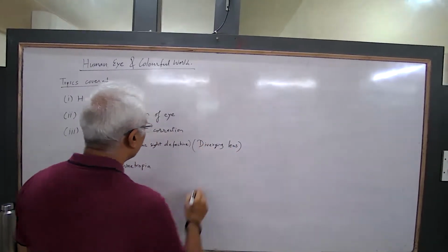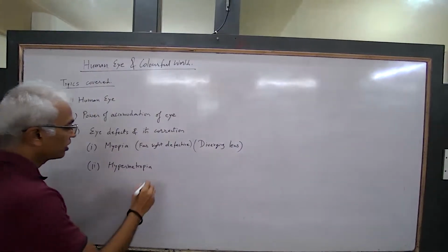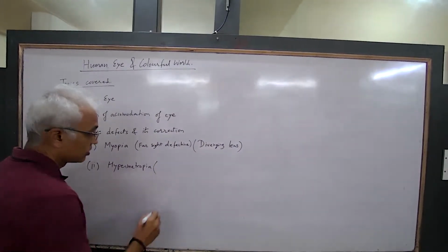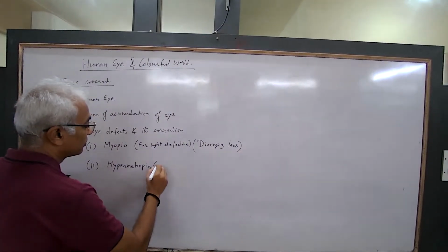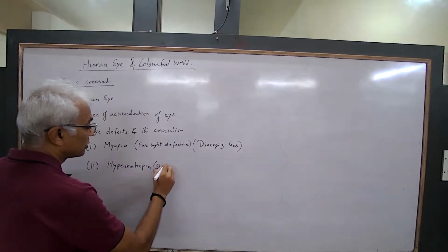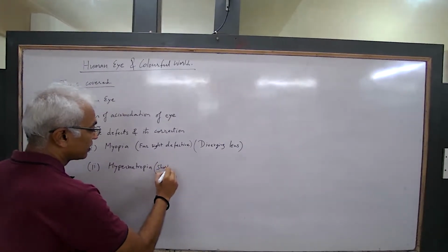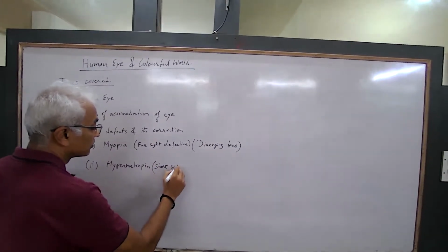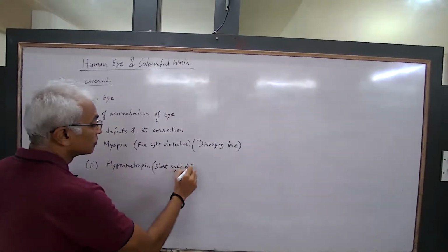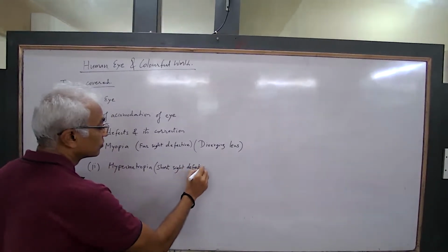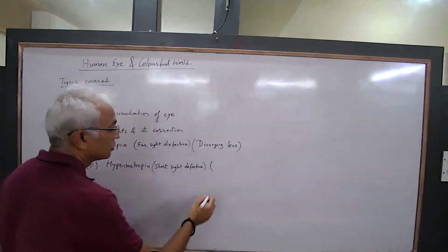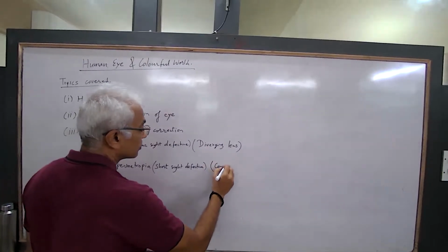So this is corrected using diverging lens. What about hypermetropia? Near side is defective, which means near objects are not seen clearly. How do we correct it? Converging lens.